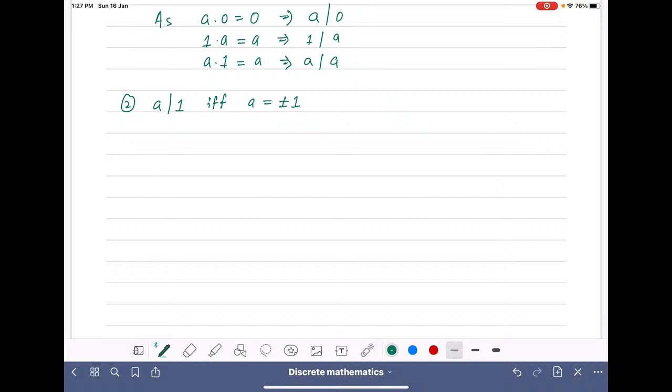So suppose a divides 1. Then there exists c, an integer, such that a dot c is equal to 1. That's the definition of divisibility.